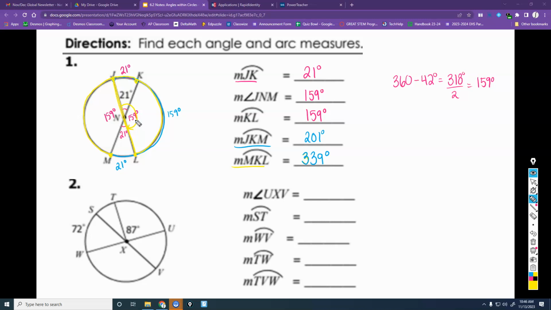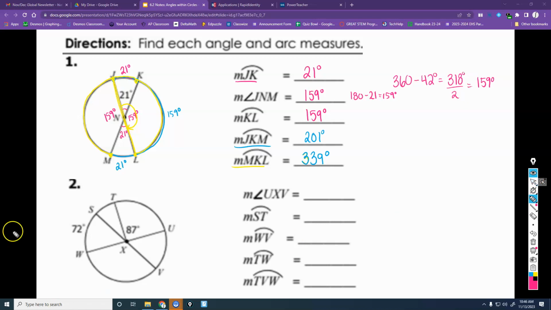It's half of a circle, 180. So for this one right here, instead of doing it the way you did, which is perfectly fine, it works, you could also do 180 minus the 21, and that would give you 159 as well. So you could just look at half of the circle if you have a diameter.